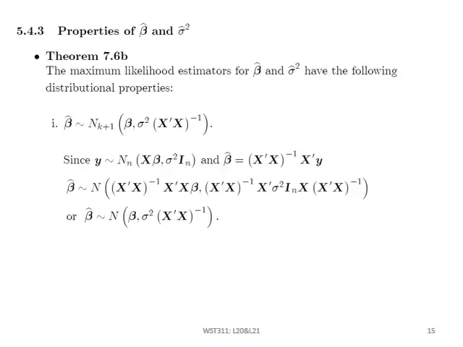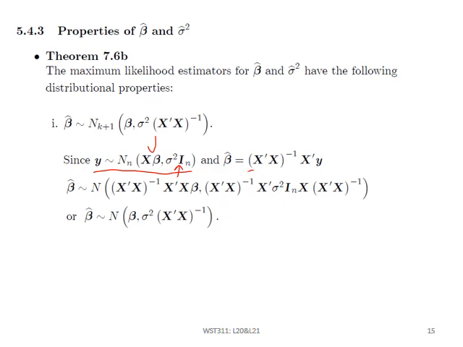This theorem supplies us with the distribution of beta hat and sigma hat square. Starting out with the fact that y follows a multivariate normal distribution with expected value X beta and covariance sigma square I n, we can derive the distribution of beta hat.